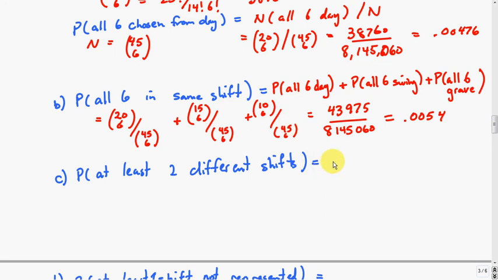There's a couple ways we could approach this. One way is to say that that's the opposite of they're all in the same shift, because they're either all in the same or they're from 2 or 3 different shifts. So we could say that's 1 minus the probability of all in the same shift.